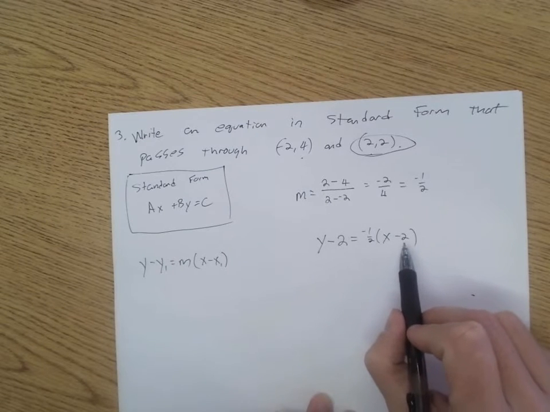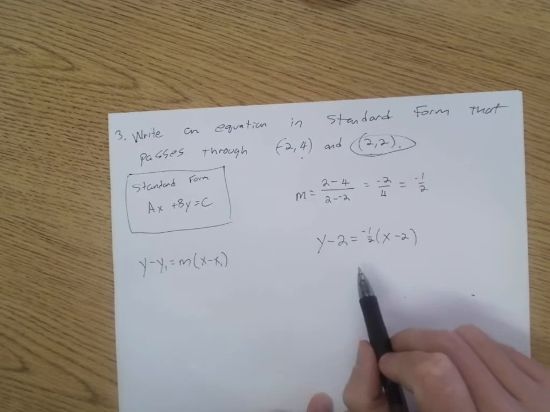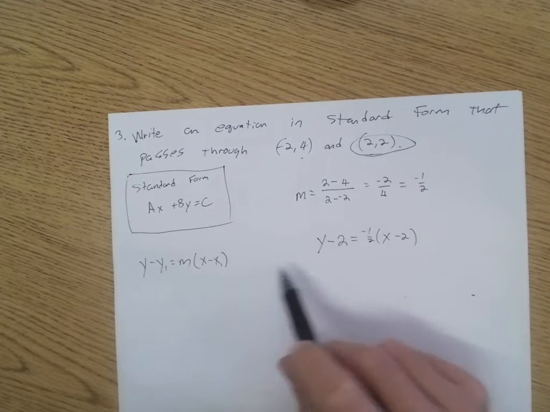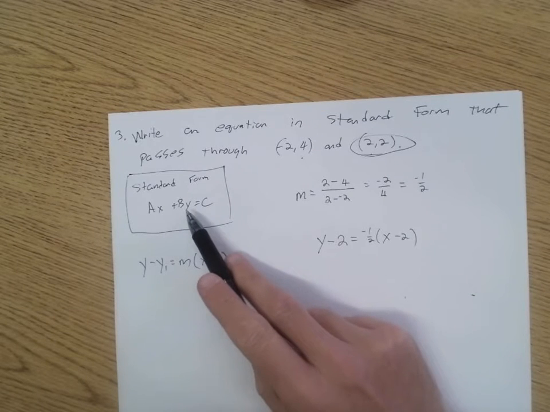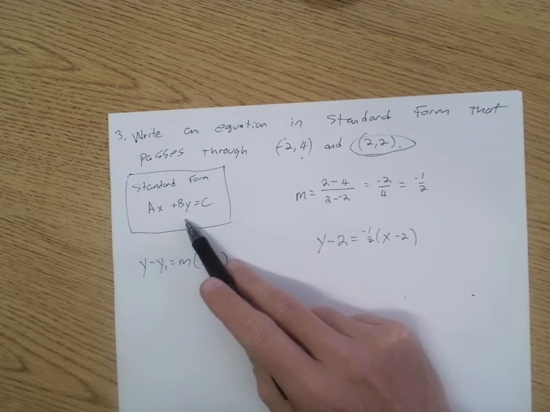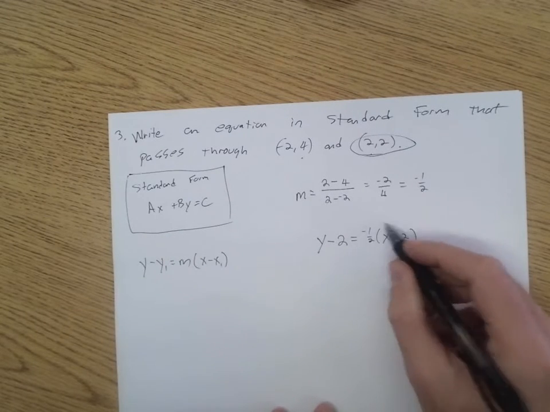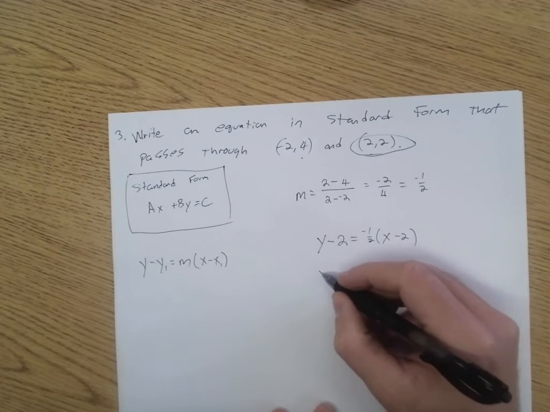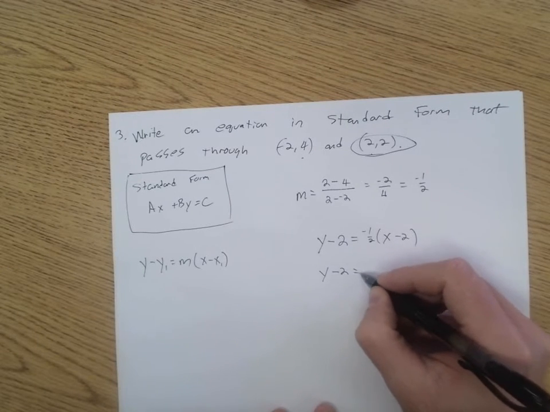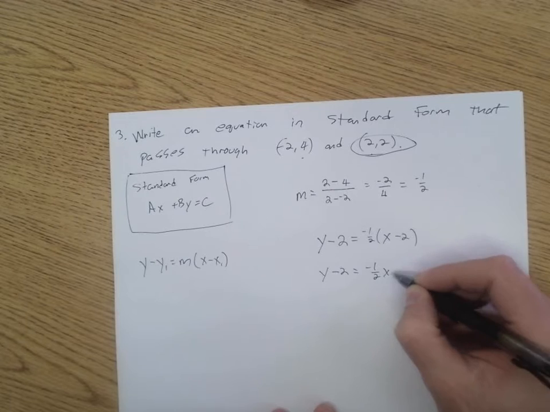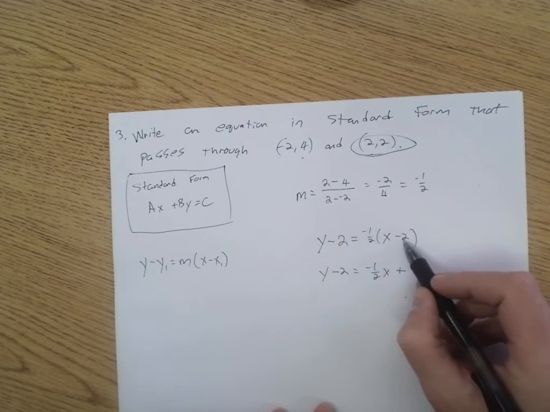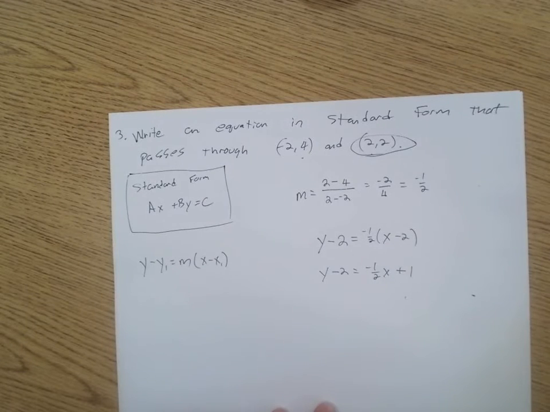So in this case, we have our equation. Again, we haven't really done anything different than we did in the other examples in the other video. The difference now is that we're going to get the equation into this format instead of slope-intercept form. So what I'll do here is distribute the negative 1/2, and then negative 1/2 times negative 2 is a positive 1.